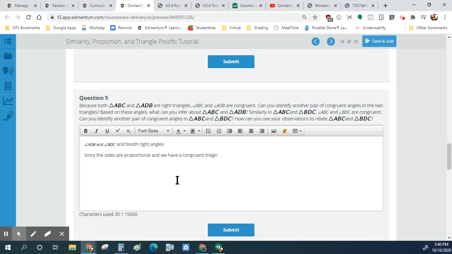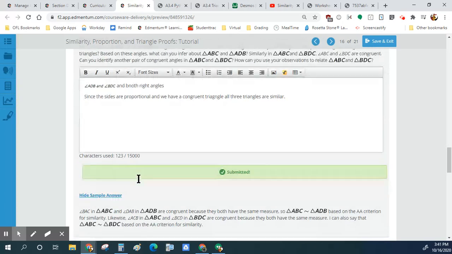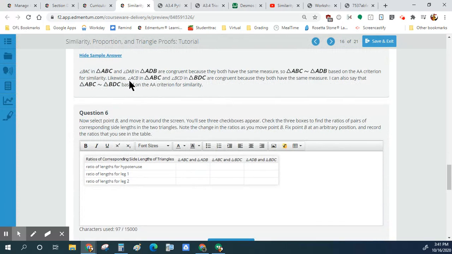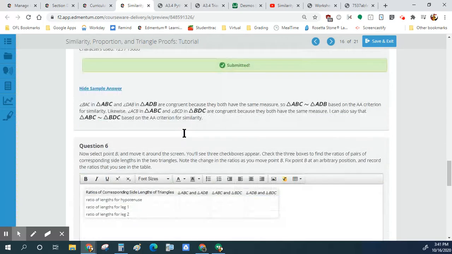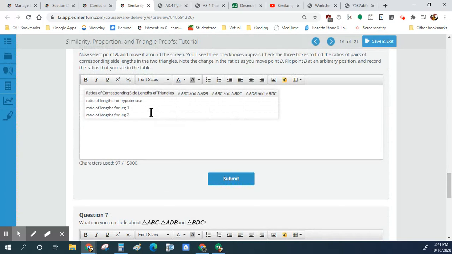So since one of the angles is equal to the other one, all three triangles are similar. Oh, yeah, it actually did do it. Well, they're doing it by angle similarity, but they're really stretching it out.